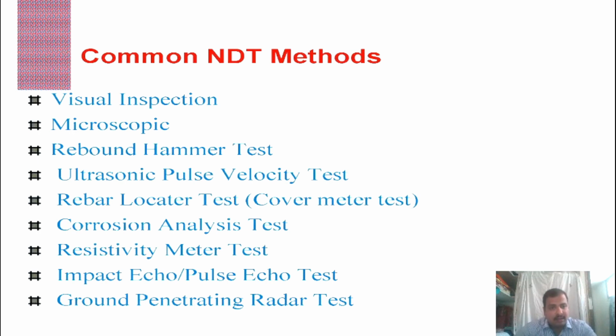Now the next method. These methods we will discuss in detail in the next video. Here we are only introducing these methods. So microscopic examination is also very useful. In this method we generally use a microscope, but it can be used only for a very small part of the structure, because in the field it can be used only for a very small site.